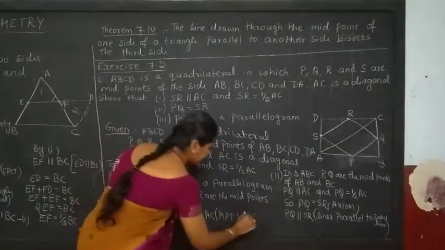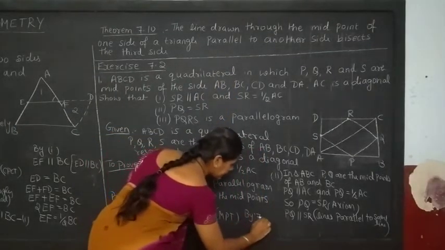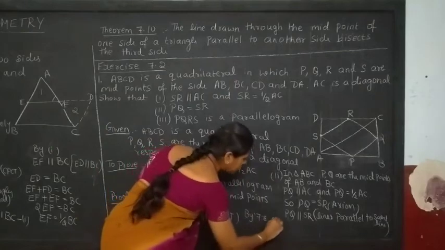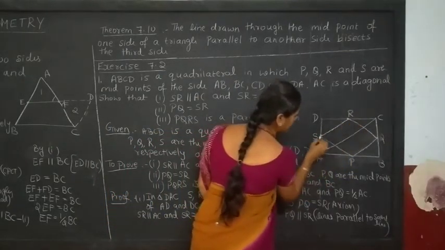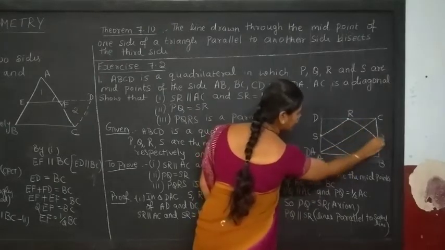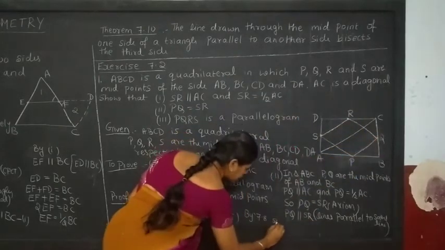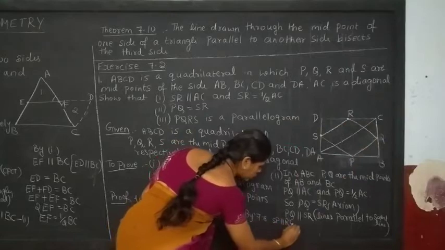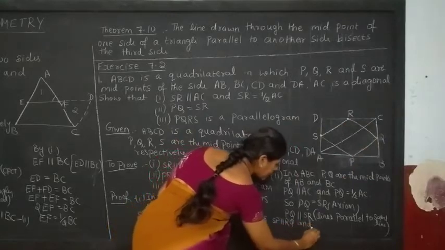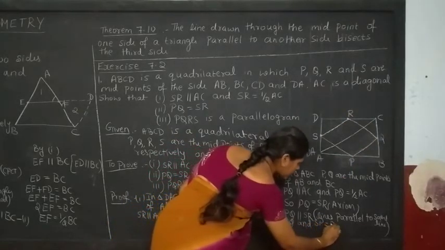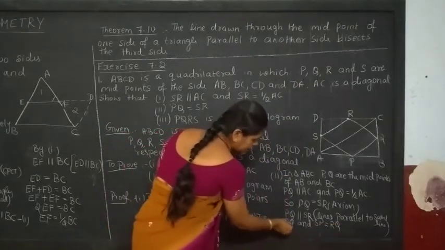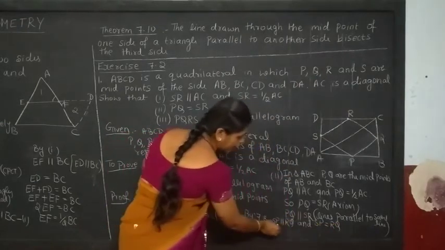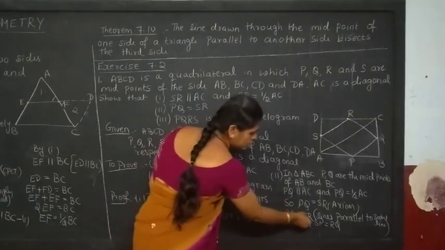So by theorem 7.8, what can I write? PQ is parallel to SR. So the other pair, which is the other pair? SP is parallel to RQ and SP is equal to RQ. So SP is equal to RQ and SP is parallel to RQ.